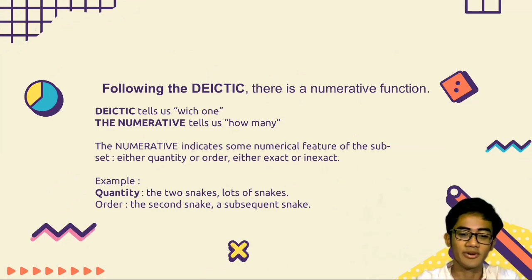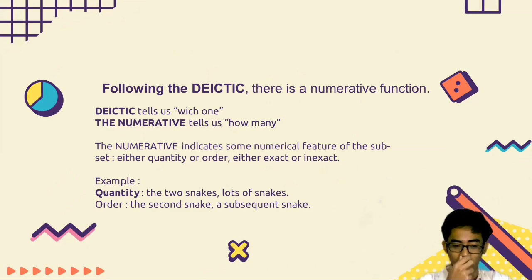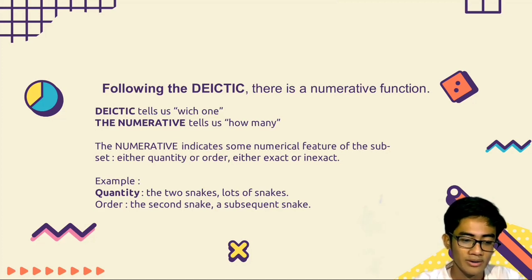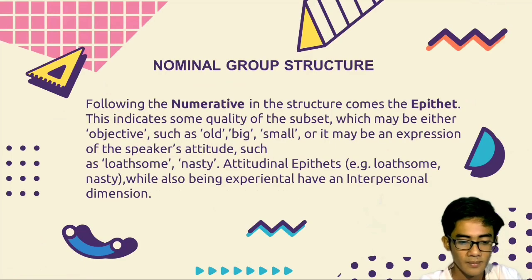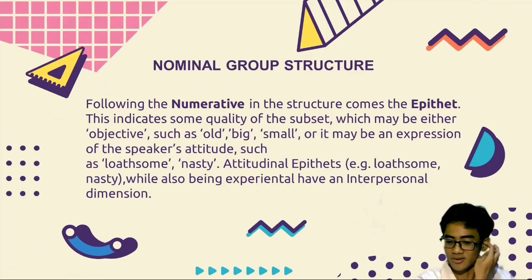The numerative indicates some numerical features of the subset, either quantity or order, either exact or inexact. Examples of quantity are the two snakes, a lot of snakes, and of order, the second snake, the subsequent snake.